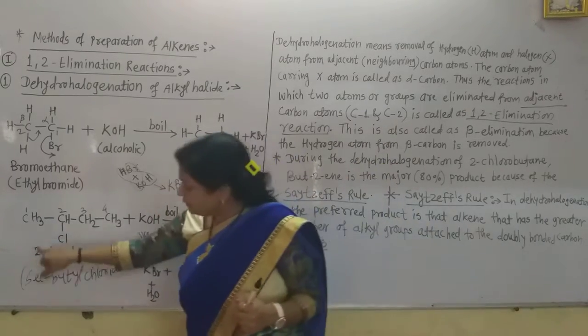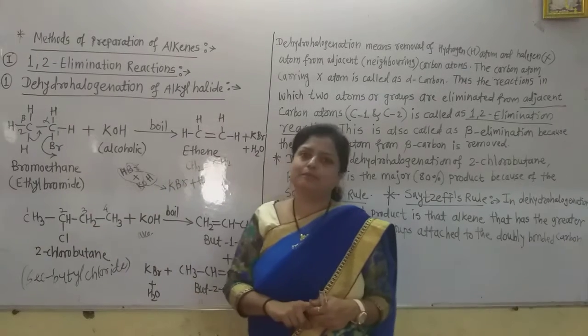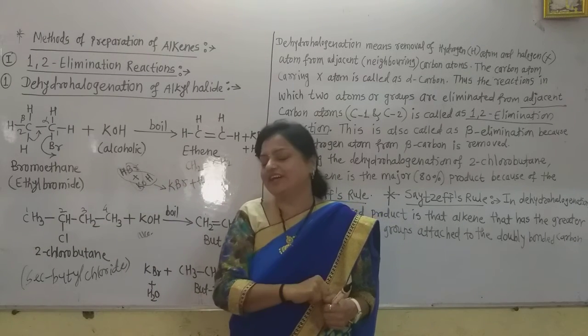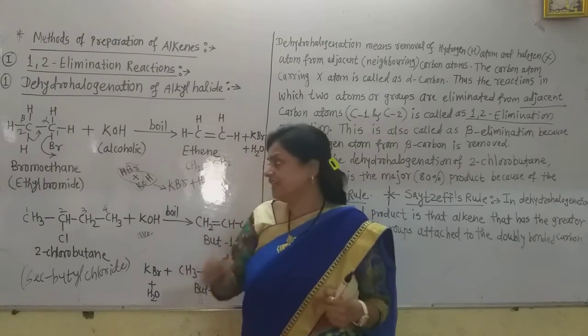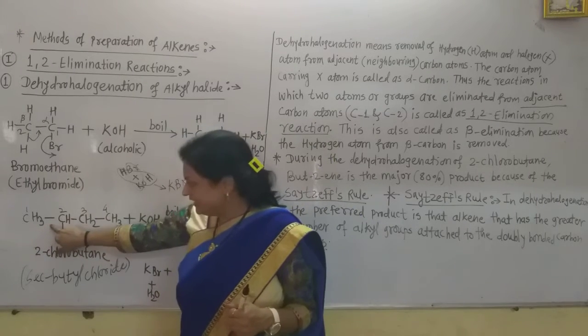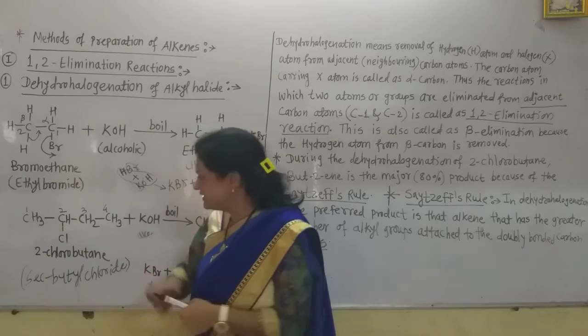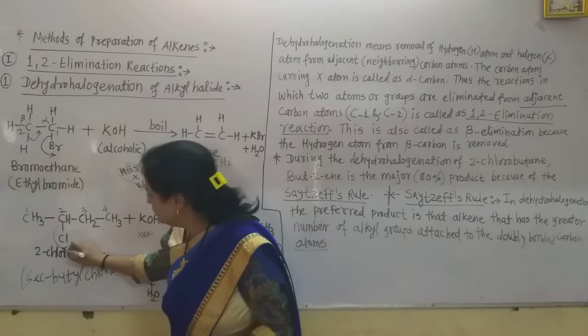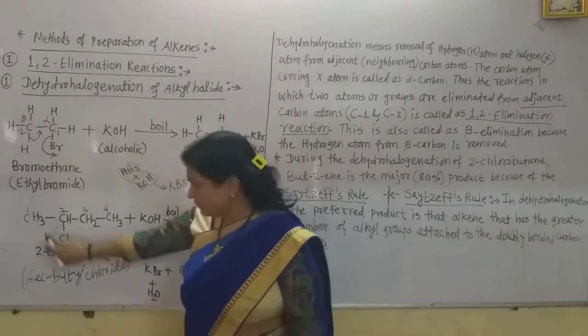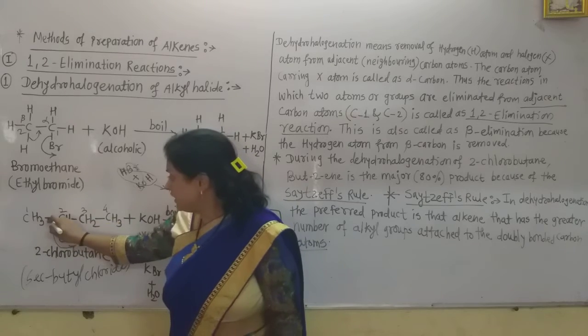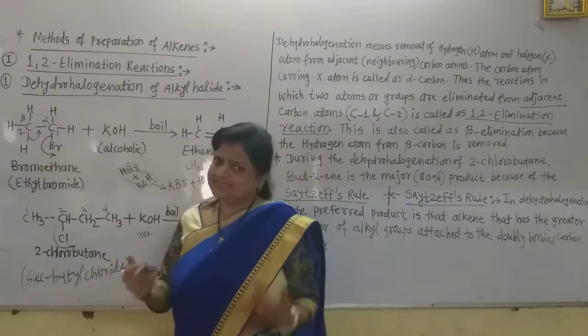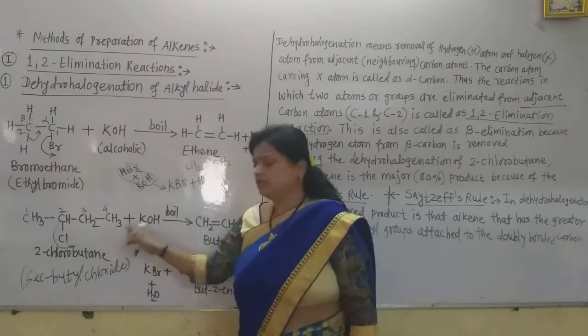Suppose first we remove this hydrogen atom of the first carbon. Then what will be the alkene? This H gives a double bond here. One of the H gets removed, and the chlorine is removed with the bond in this way. The double bond is here, and this remains as it is. There is no question about these two.